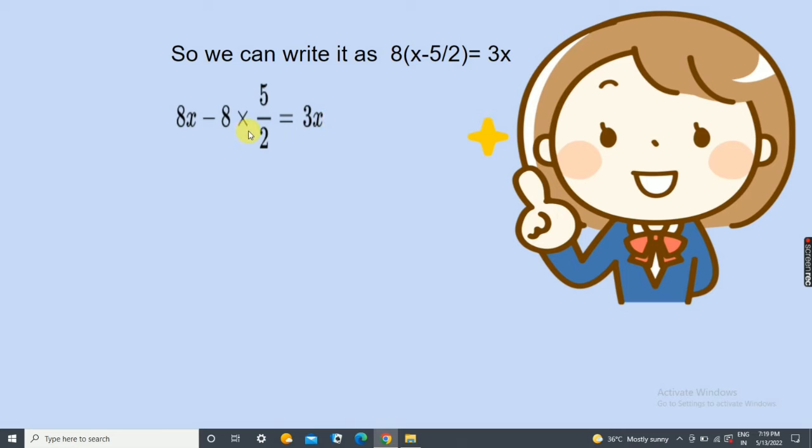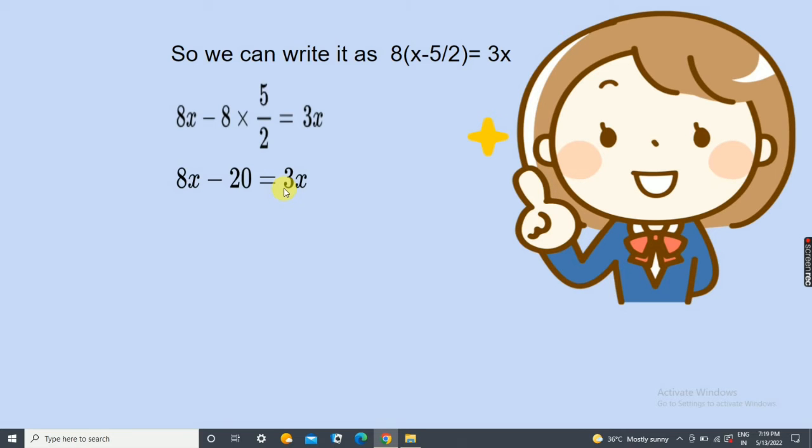Simplifying, 2 ones are 2 and 2 fours are 8, so here it would come 4, and 4 multiplied by 5 we get 20. So our equation becomes 8x minus 20 is equal to 3x.